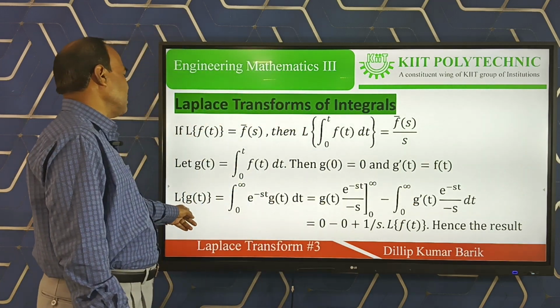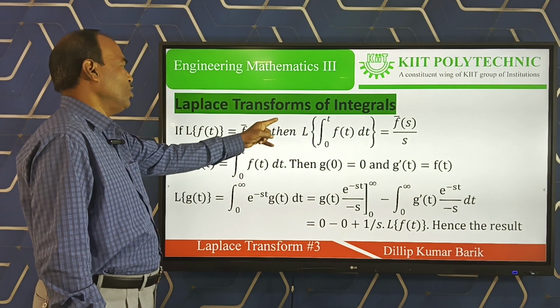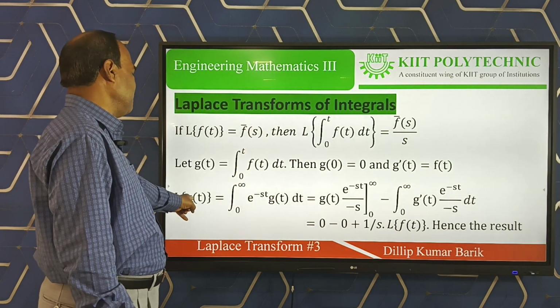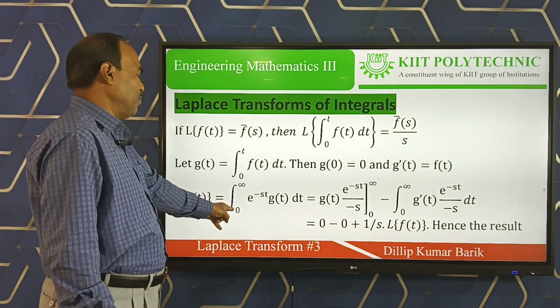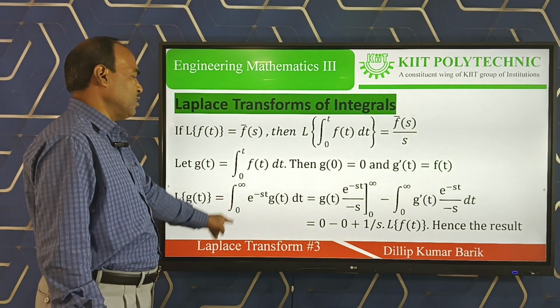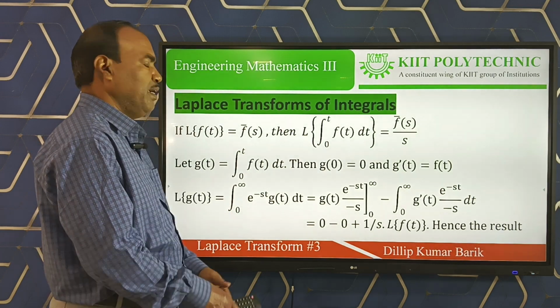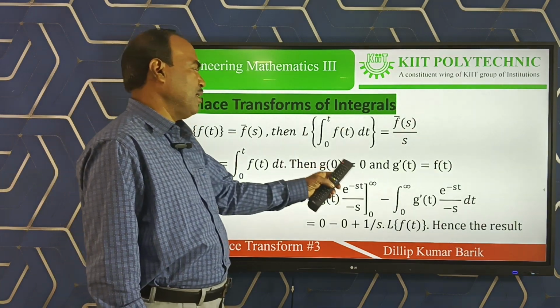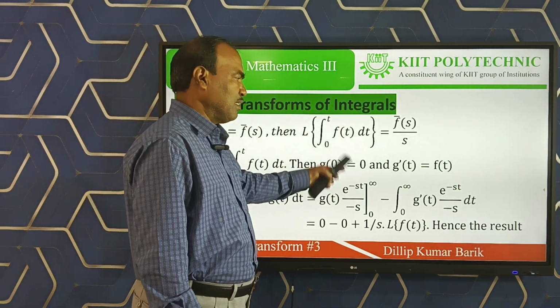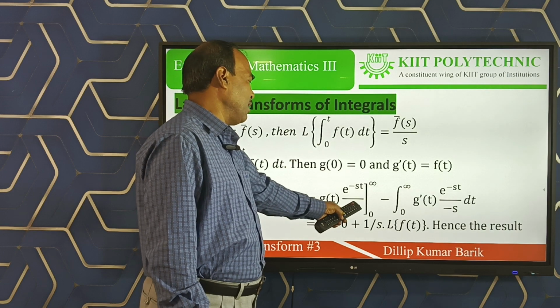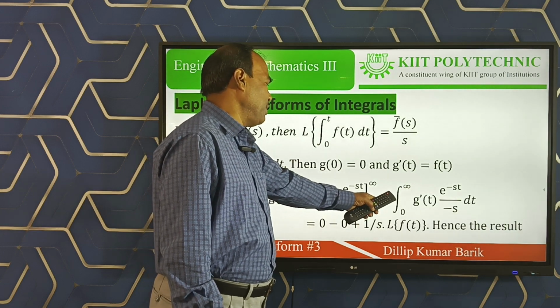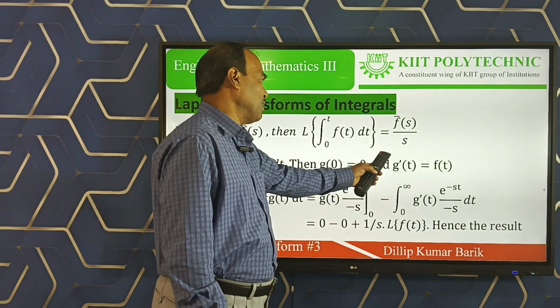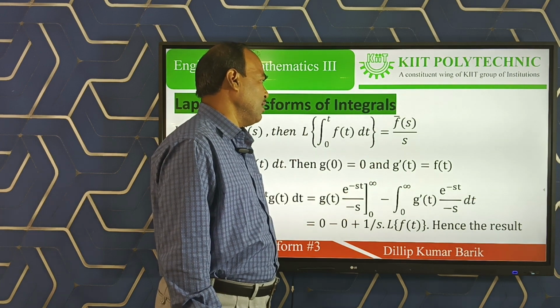And Laplace of our question, integral 0 to t of f(t) dt, means Laplace of g(t). By the usual Laplace definition, integration of 0 to infinity e to power minus st g(t) dt, and by again applying the by parts formula from the last slide, and simplifying, it will be Laplace of f(t) by s, or Laplace of f(t) means f bar s by s.